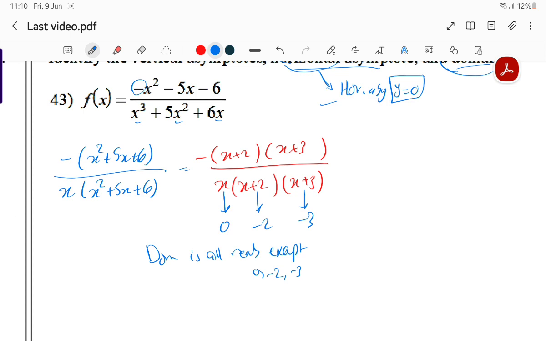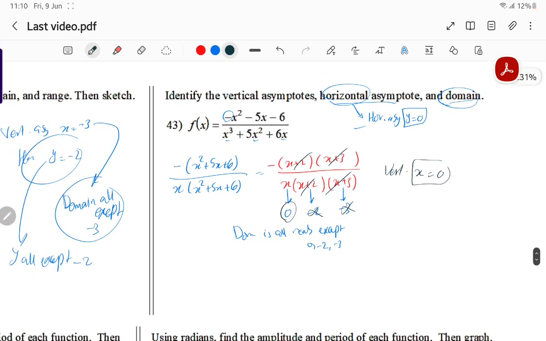So that's why we exclude the 3 values. Then you get the vertical asymptote. Don't write 0, -2, and -3, because you can cancel this with this, and this with this. So only x equals 0 is the vertical asymptote. Okay.